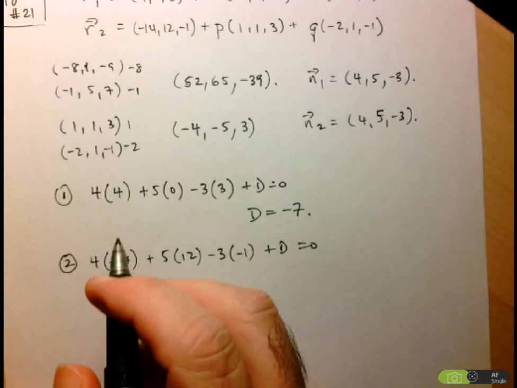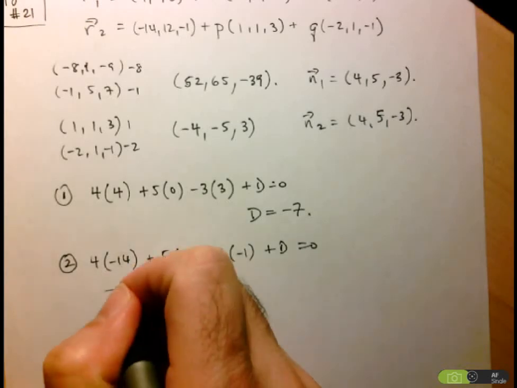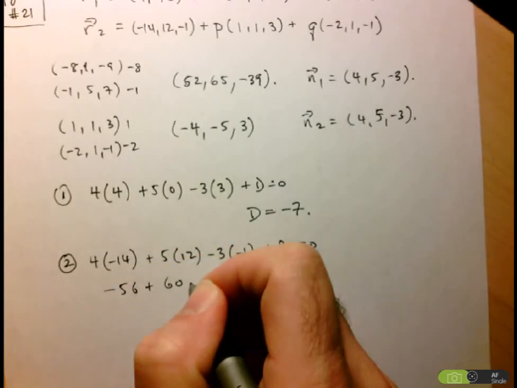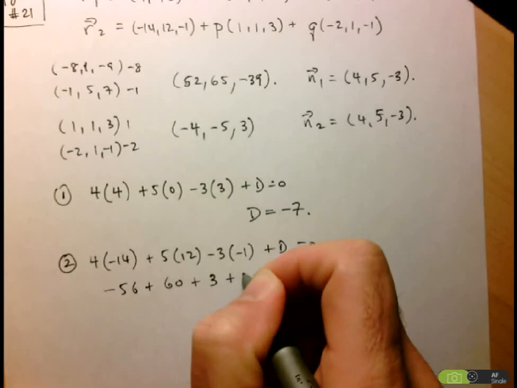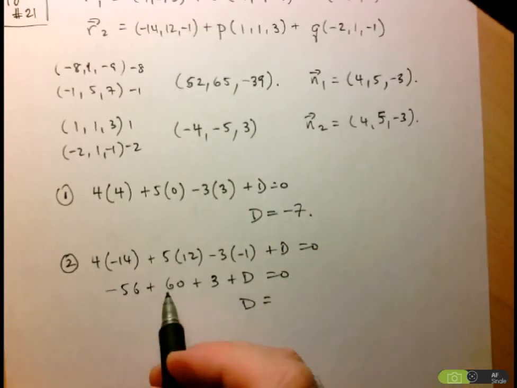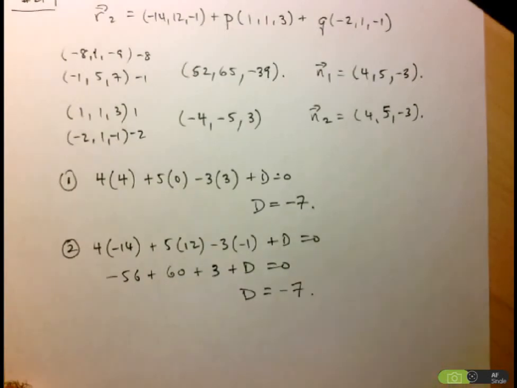We have 4 times -14, which is -56, 5 times 12 is 60, plus 3. So d is going to be equal to -56 plus 60 is 4, plus 3 is 7. Bring that to the other side, -7.